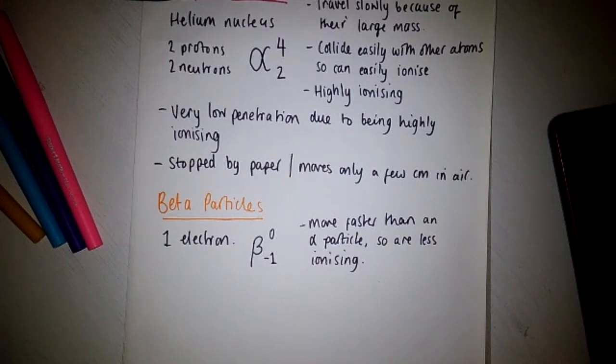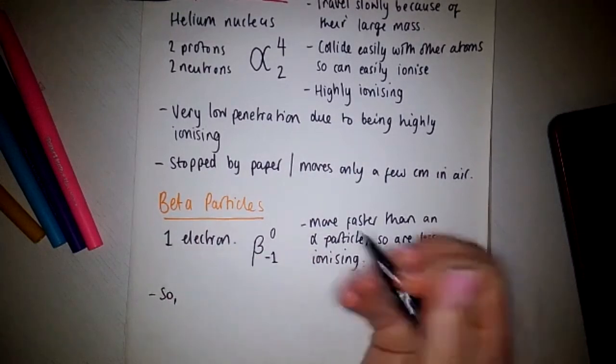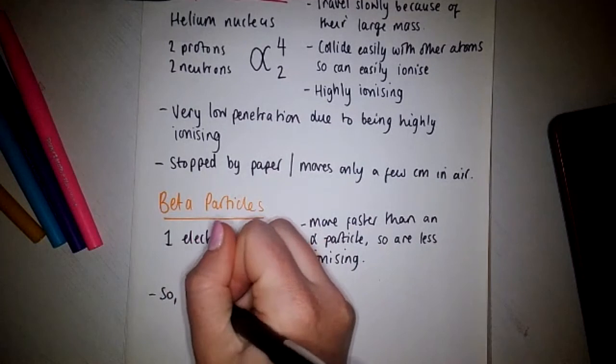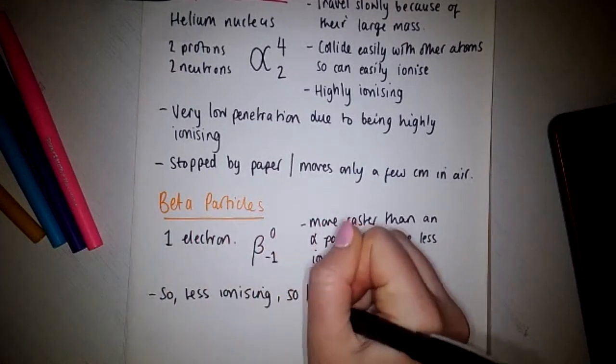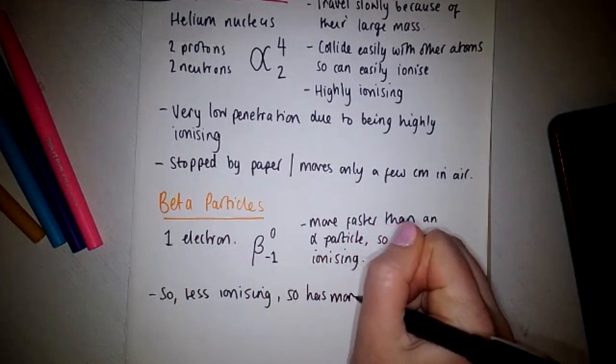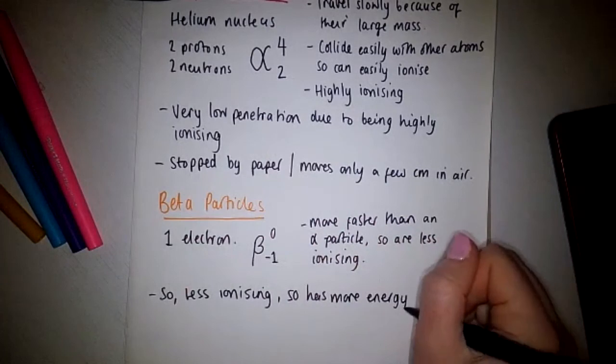they are more penetrating than an alpha particle because it doesn't ionize as well. So because it doesn't ionize as well, it doesn't run out of energy as quickly. So it's more penetrating. Less ionizing, so has more energy because it's not trying to put all its energy into ionizing things.